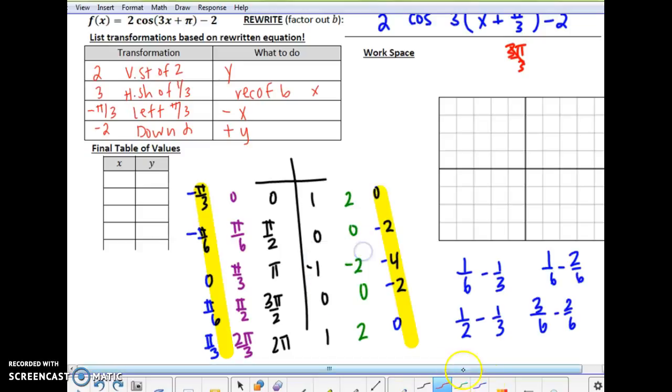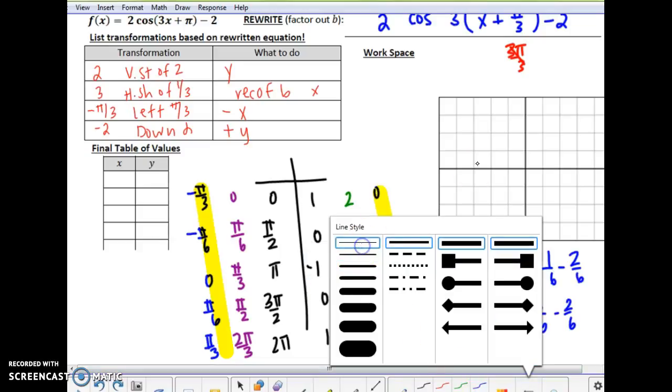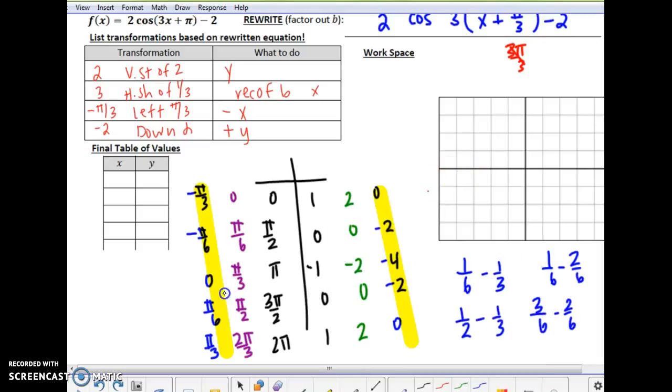We'll set up our table of values again. So this one we've got to be a little bit careful. 0 is where we're going to start in the middle. This is going to be our pi over 6, and this is going to be our pi over 3. Negative versions are going to go this way. So negative pi over 3, 0. Negative pi over 6, negative 2.